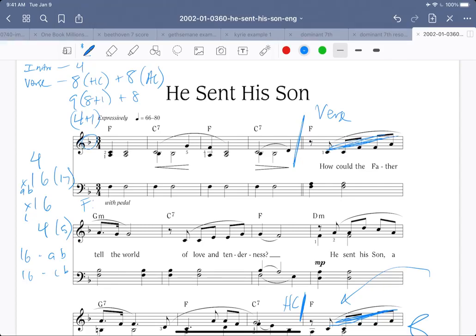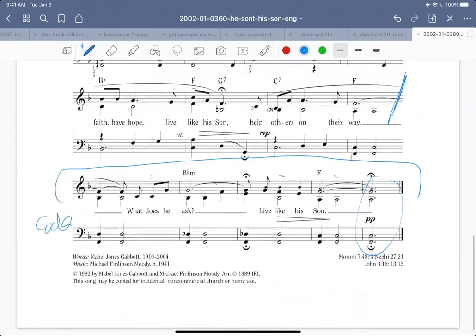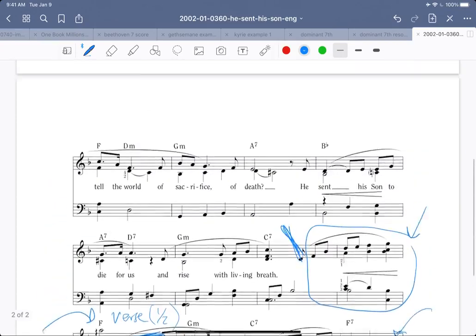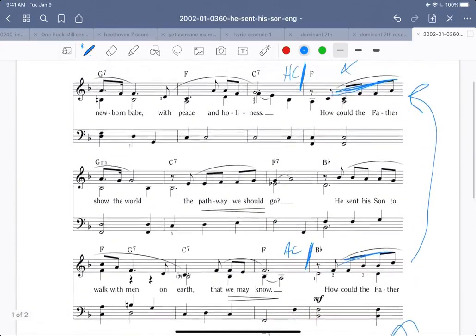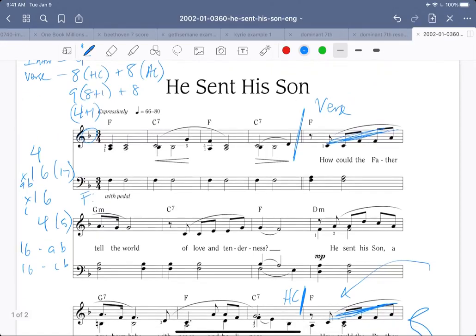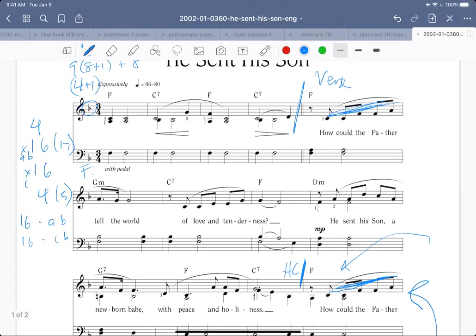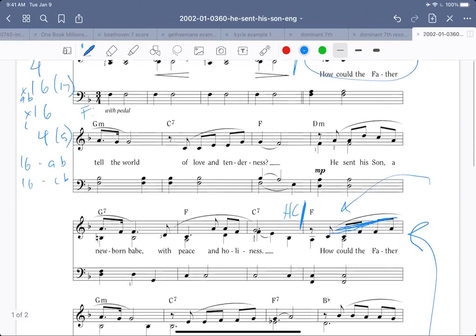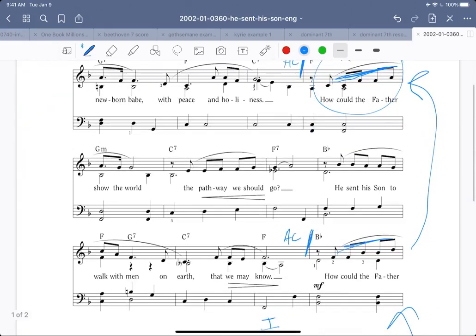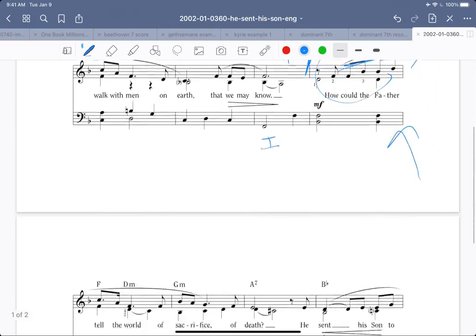And because of the way the composer, I'm not even sure who wrote this, music by Michael Moody. Well, there you go. Great composer, Michael Moody, who wrote This Is the Christ and lots of other things, and he was in charge of the hymn book committee for the 85 book. The way he very tactfully uses the same material to start each of these phrases, and then sort of a reverse of it here.